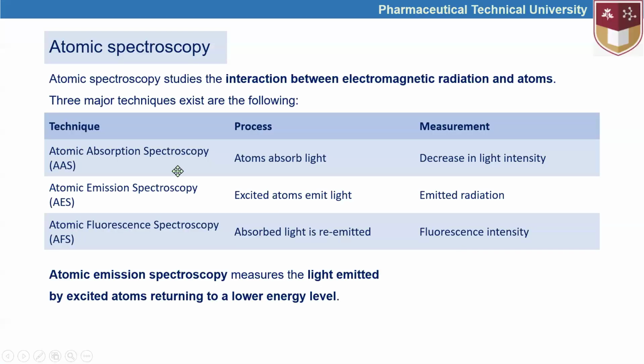Okay, before entering into this topic, we are going to understand the differences between atomic absorption spectroscopy, atomic emission spectroscopy, and atomic fluorescence spectroscopy. Hopefully in the next lesson, we will learn about atomic fluorescence spectroscopy. And in our last lesson, we learned about UV atomic absorption spectroscopy.